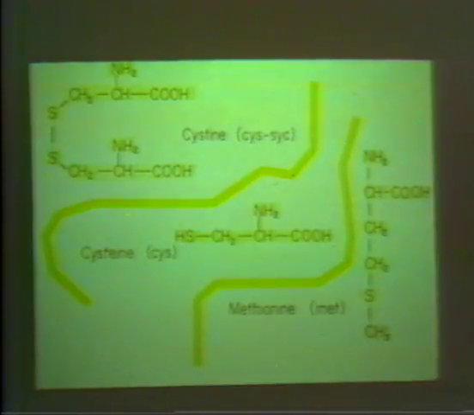The next slide shows the heterocyclic amino acids, and here they are still in the neutral amino acid class. These 2 amino acids are proline and hydroxyproline. Now it's evident on inspecting these structures that the nitrogen is not a primary amine, but rather it's a secondary amine.